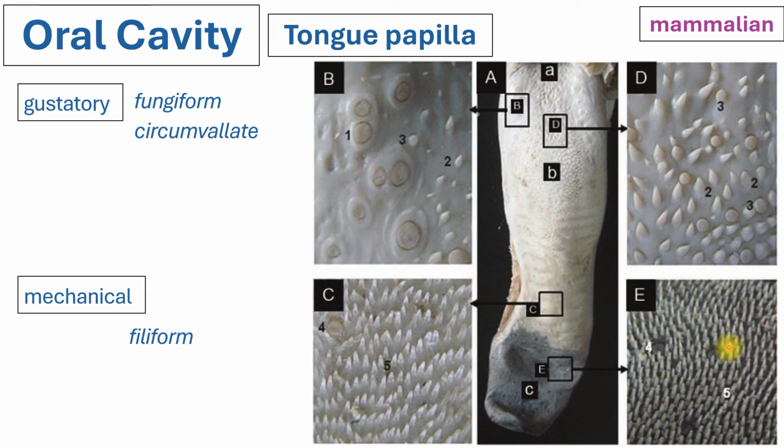Next, we have our circumvallate type of papilla. So this is your circumvallate papilla. This is one of the biggest types of papilla and usually found at the root or base of the tongue. This area.